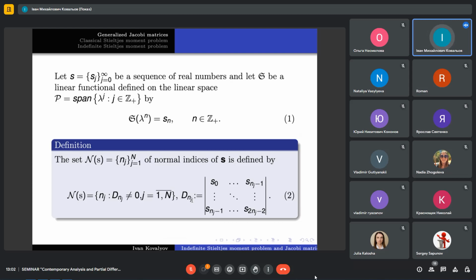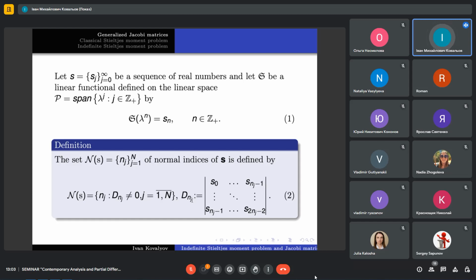In the classical case, where you consider the classical moment problem, the set of normal indices coincides with the natural numbers.